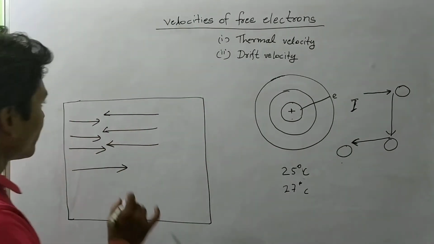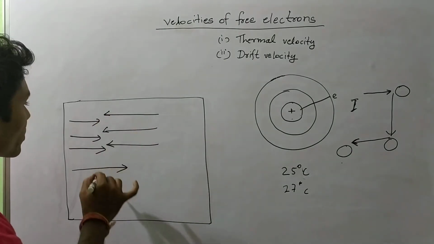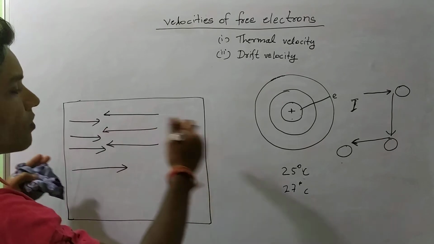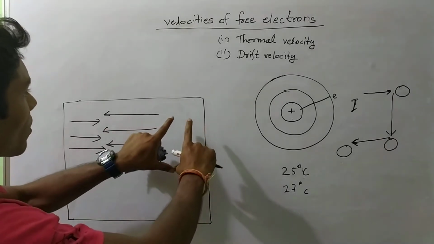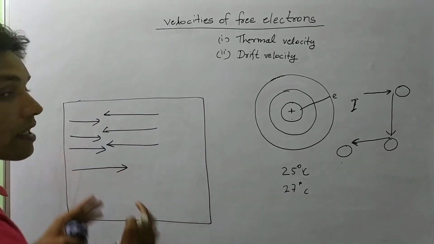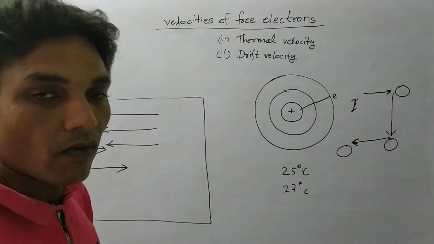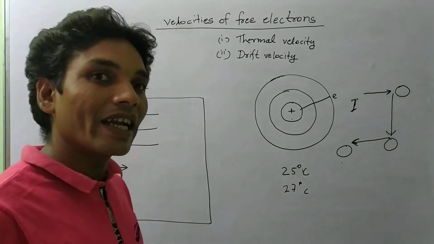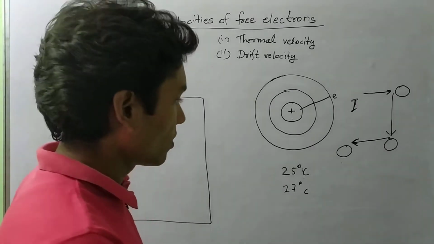That is why the average velocity of these electrons moving from left to right and of those moving from right to left will be 0. Why 0? The average velocity is the vector addition of the velocities.